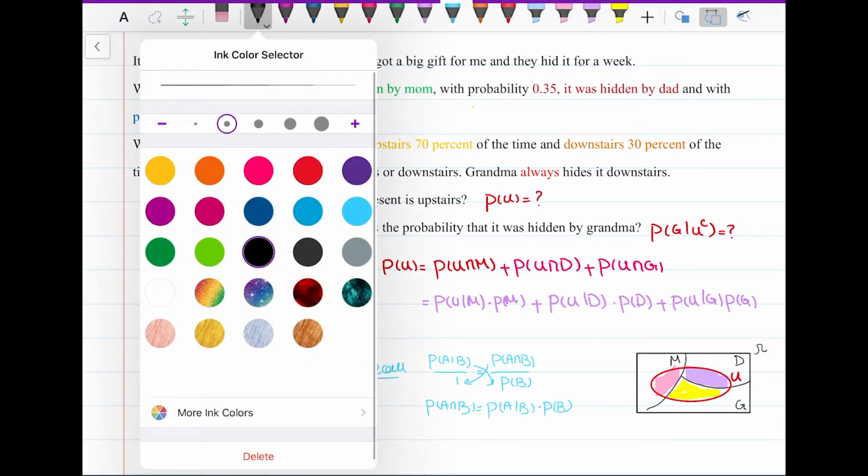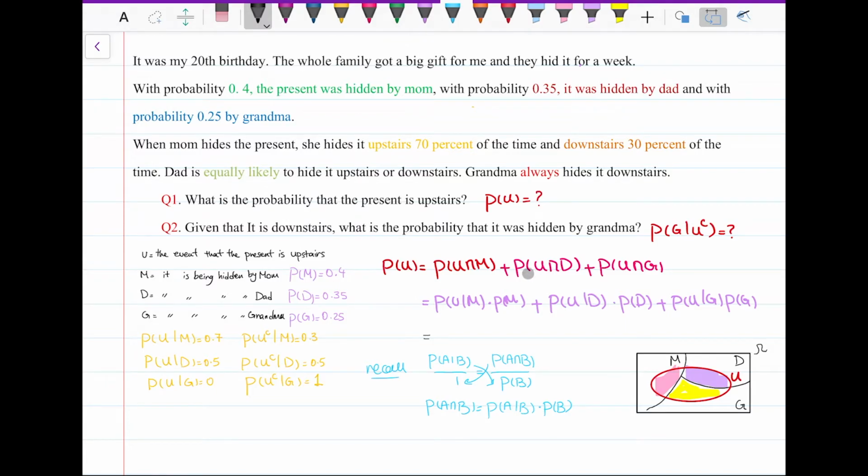Now let's see what kind of information we have. So probability of U given M, we have it.